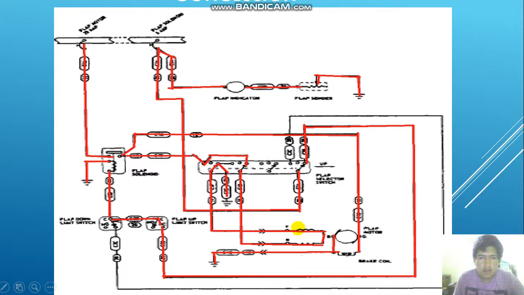In this case, the energy goes to the coil, then changes the position or the rotation of the motor to extend the flaps.